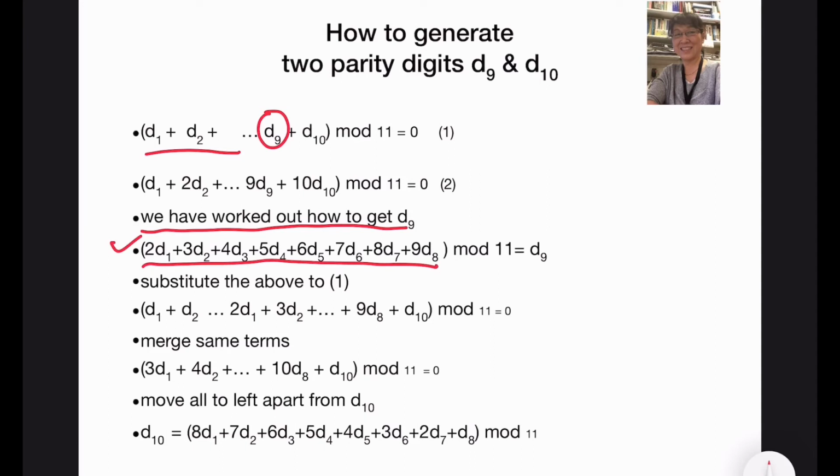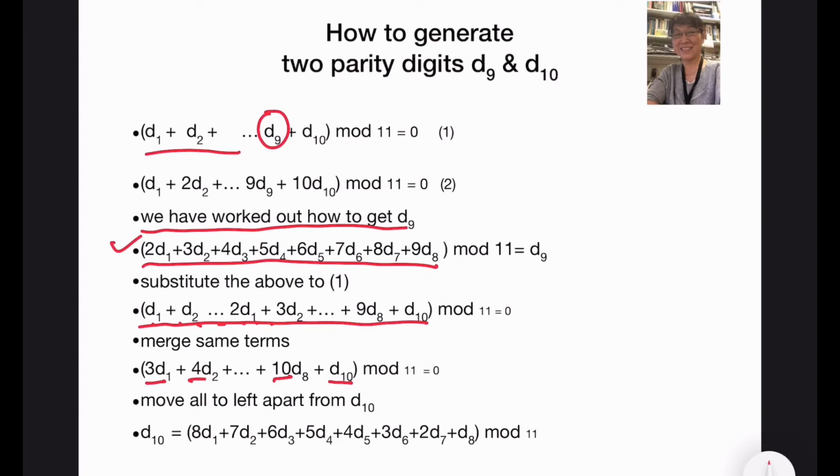So that is the result after substitution. It's quite long, so I put a dot there. So this is just a copy. After merging, you get 3 D1, so everything increments by 1. Compare with our previous value, yeah? So finally, the D10 is only D10 himself.